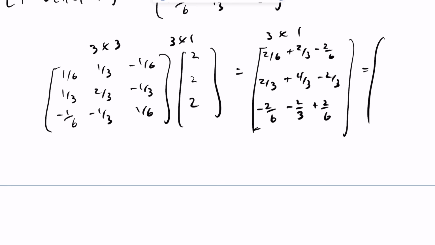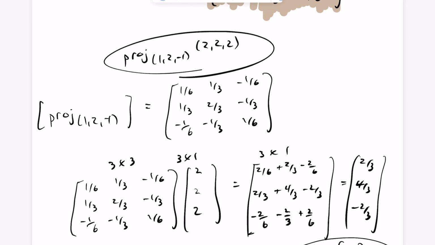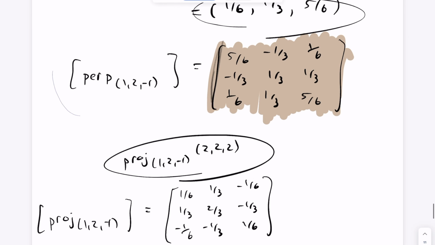And our final answer comes out to be 2/3, 4/3, and minus 2/3 for our vector here. Now again, if you want, you can factor out the 2/3. If I do that, you can see I get 1, 2, and minus 1 times that vector.